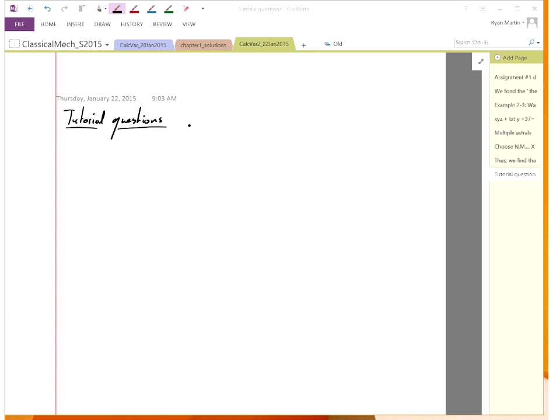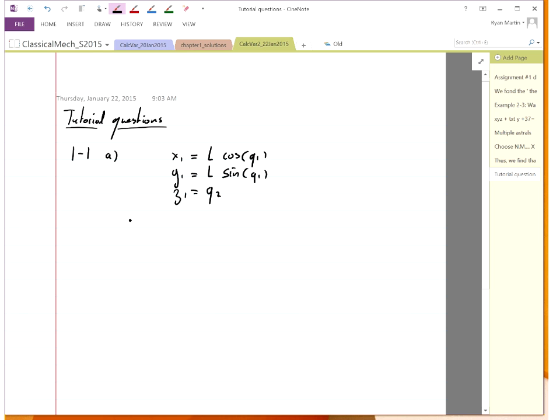All right, so let me do 1.1a. The transformation equations that we have are x1 equals L, which is a constant, times cos of our generalized coordinate q1. In this case, q1 is some sort of angle, presumably. We have y1 given by L sine of q1, and z1 given simply by q2.